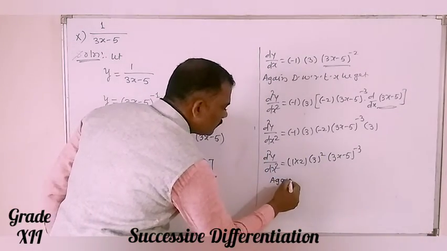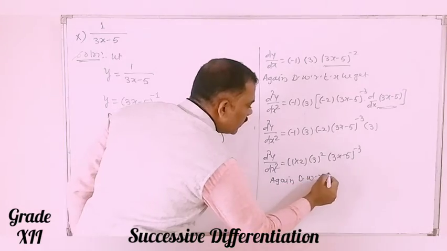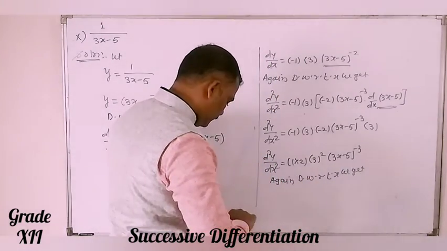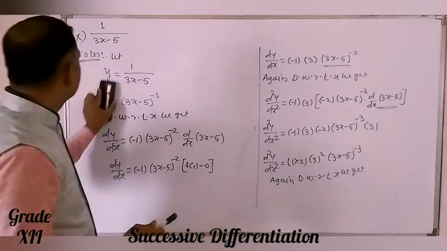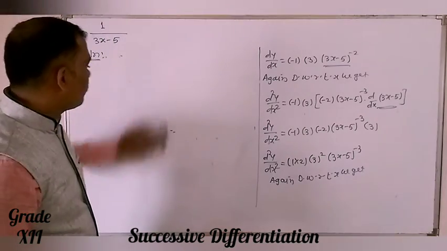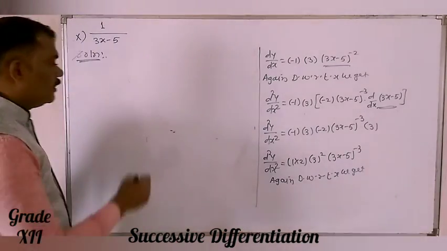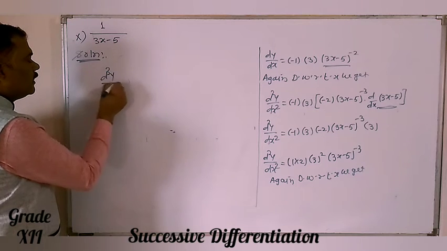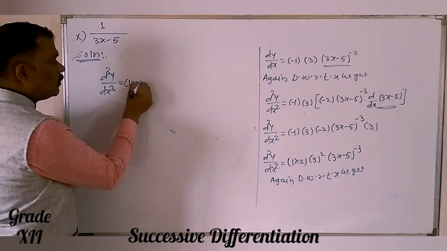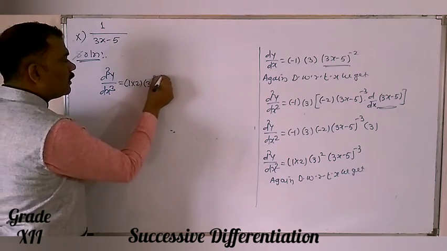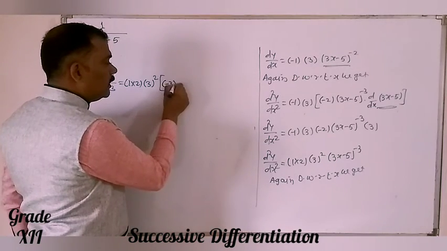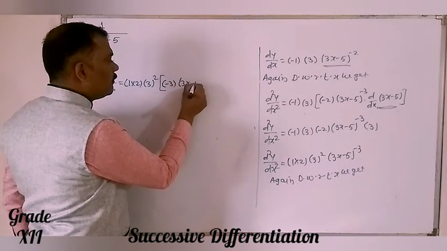Again, differentiate with respect to x, we get d3y by dx raised to 3 is equal to 1 into 2 into 3 square into, take the power as it is, that is minus 3 into (3x minus 5).